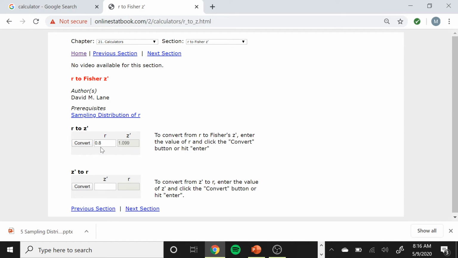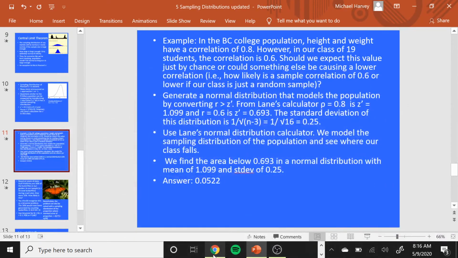So a correlation of 0.8 has a mean on Fisher's Z of 1.09. Now, we also had that sample. For example, this is what it is for the whole school. That's like the parameter. And then in just our sample, our class, we had 0.6. As you can see, that's a little bit lower. Now, Fisher's Z is a normal distribution.